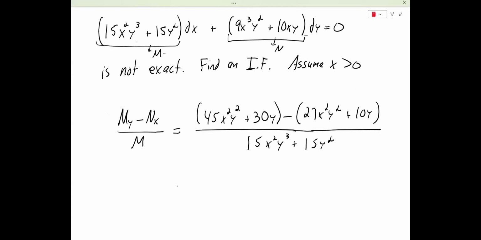So if you simplify this down, that gives what? It's a mess, but you get 45 minus 27, so 18x squared y squared.